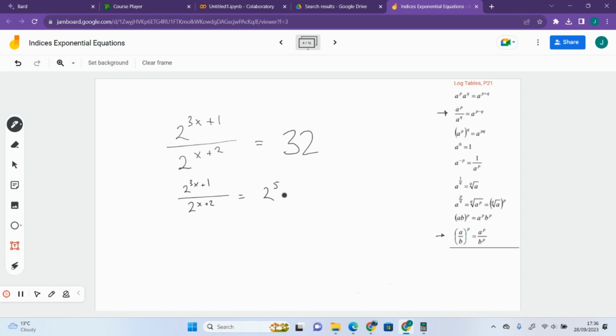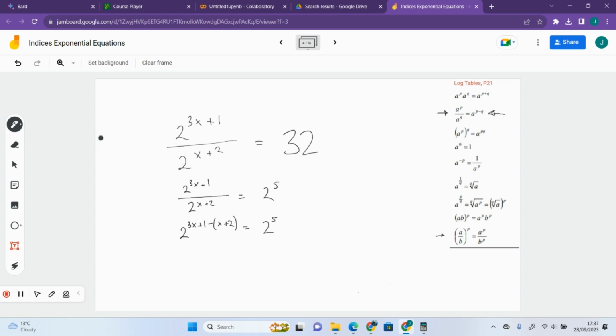So I'm going to use that rule there, and this is going to turn into 2 to the power of 3x plus 1 minus the other one, x plus 2, and that will be equal to 2 to the power 5.